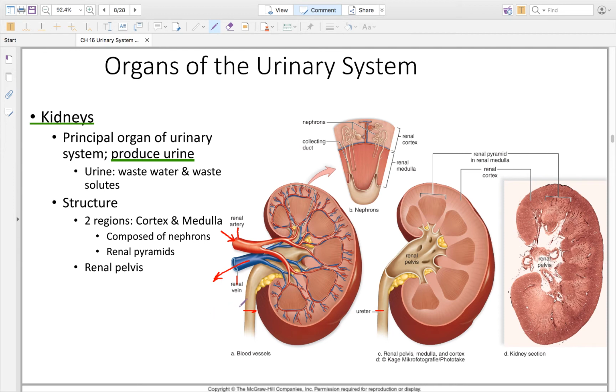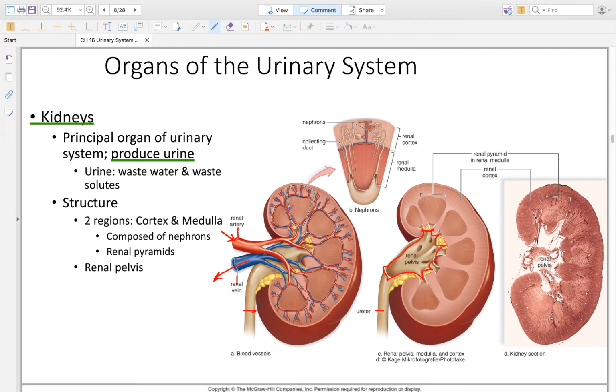Now, while we're talking about these external structures, if I were to cut this open, you would see this. If I were to cut open the center here, where the ureter turns into this secondary structure, this whole thing right here is called the renal pelvis.